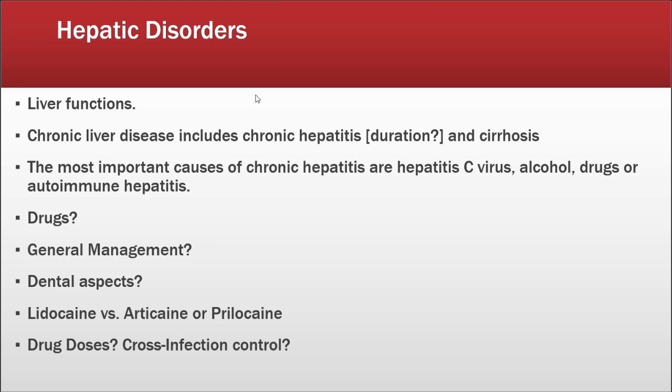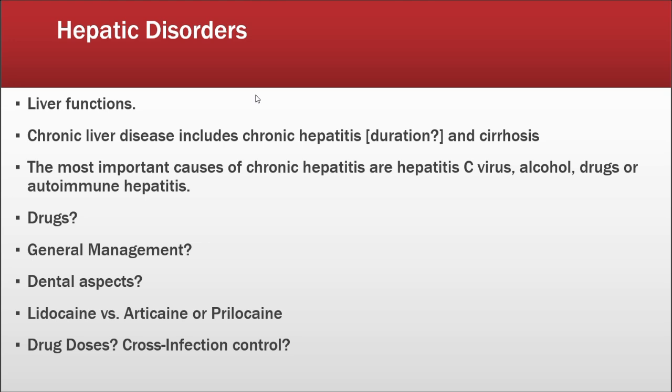Now, dental aspects. Lidocaine, prilocaine, bupivacaine, all of those are metabolized in the liver, so we cannot be sure it's safe to use them. Articaine is actually double metabolized in the plasma cholinesterases and in the liver. So it's considered the safest, or the best of the worst, let's say.